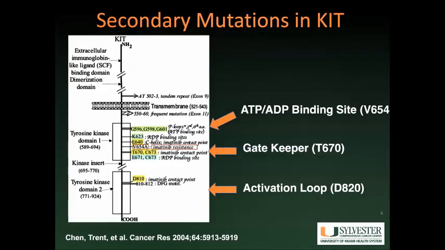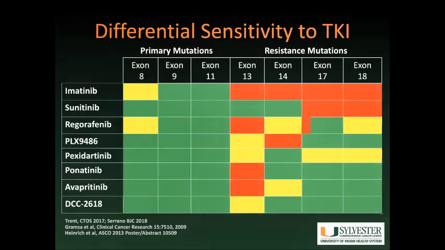So let's talk a little bit more about resistance mutations. Resistance mutations occur basically in 2 locations, exon 13 or exon 17. And so if you look at this table, this is my interpretation of the available data to support the activity of kinase inhibitors in the setting of primary and secondary mutations.